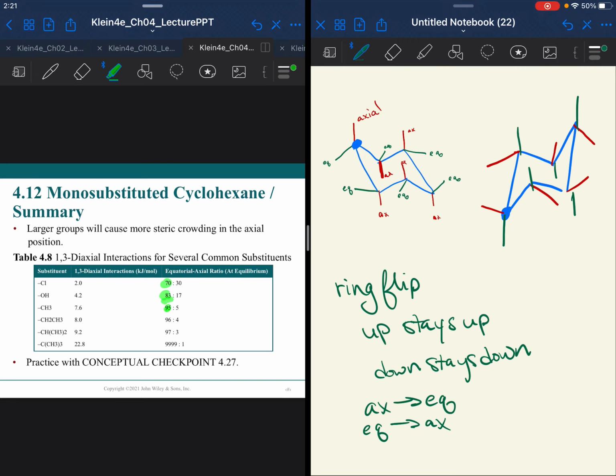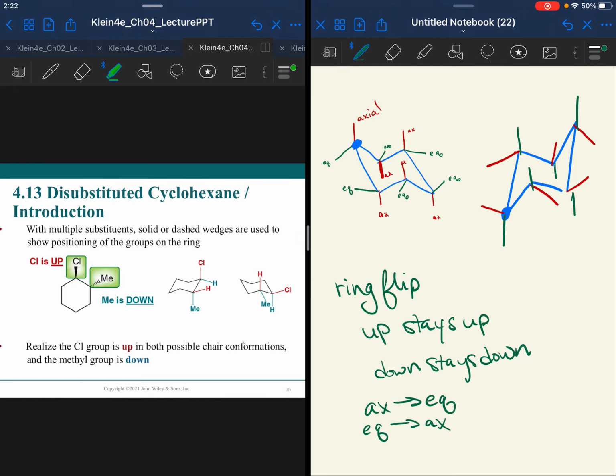Methyl, we already saw 95% prefers to be with the methyl in the equatorial position. You get to a tert-butyl group, that's 99.99% of your molecules are going to have that tert-butyl group in the equatorial position. This is important if you have multiple substituents and you have to decide stability.